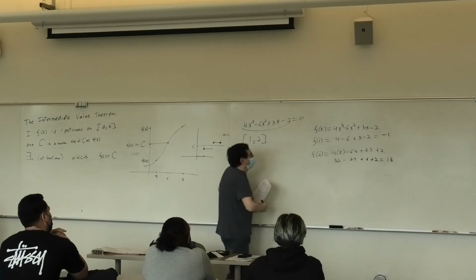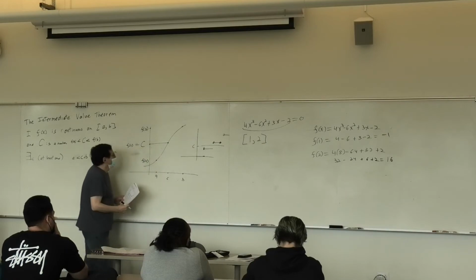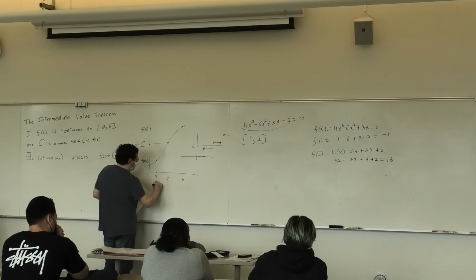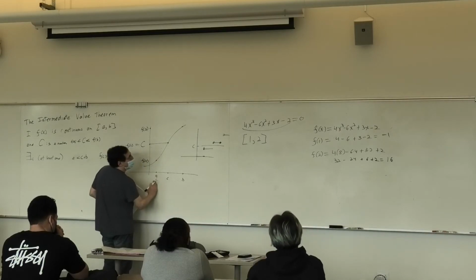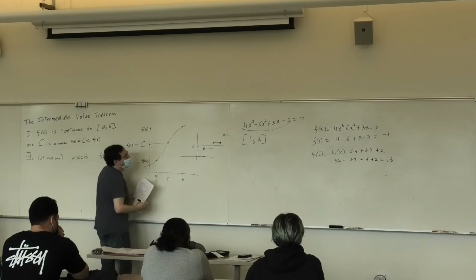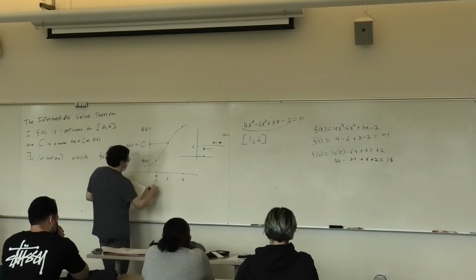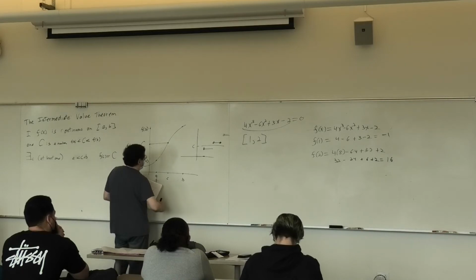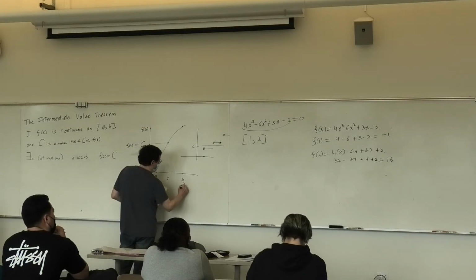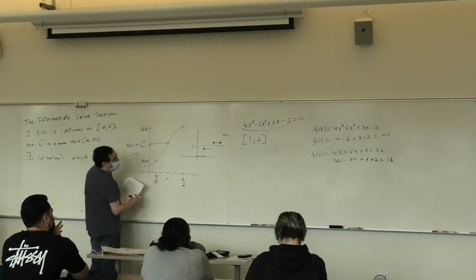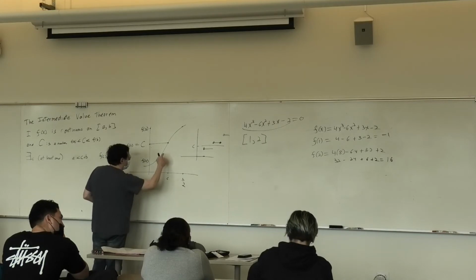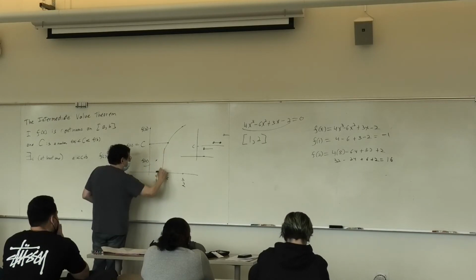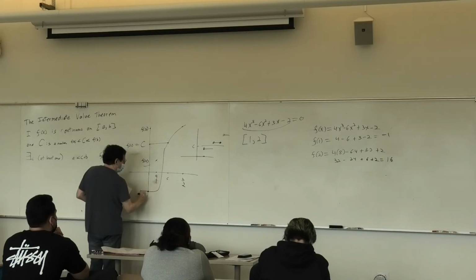Okay, so what do we got here? A is 1, and B is 2. And f of A is negative 1, right? Negative 1.